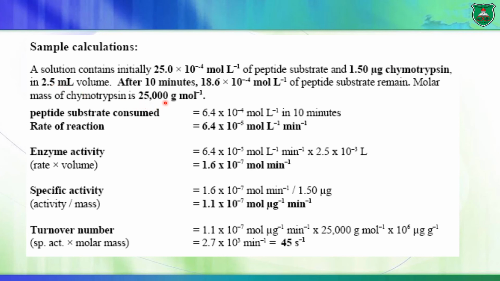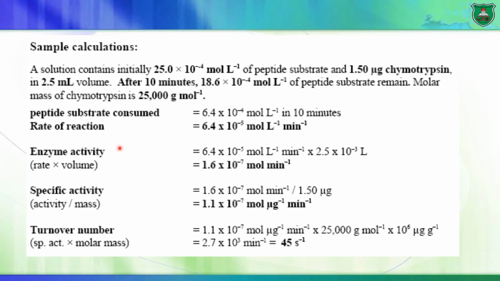And the molecular weight of the enzyme is 25,000, okay, so you can calculate the molarity of the enzyme. Now, after 10 minutes, the concentration is 18.6 times 10 to the minus fourth of peptide substrate remaining. So you need to calculate the velocity of the reaction.